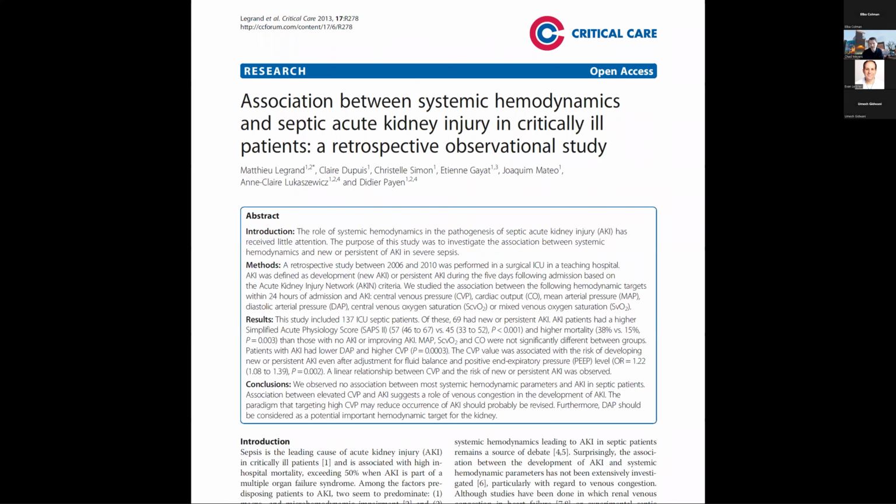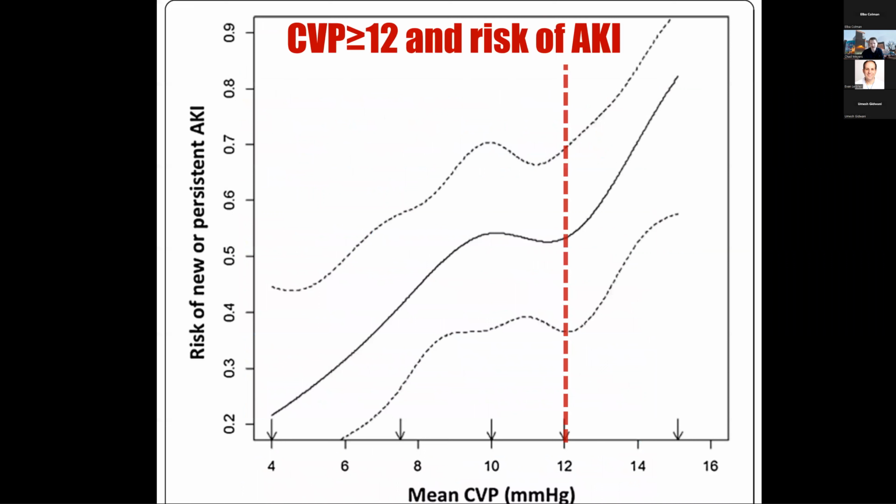mortality. And a couple of subsequent retrospective studies, first in 2013, looking at septic patients in the ICU, found that CVPs of greater than 12 were associated with increased risk of AKI.